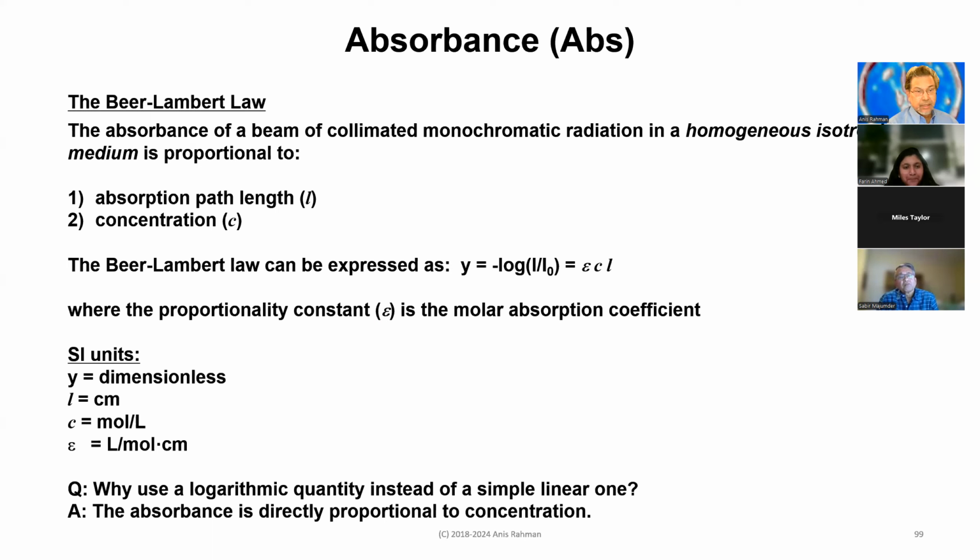It can be expressed by this equation, in which A is a dimensionless quantity, L is the path length in centimeters, and C is the concentration, usually expressed in moles per liter, but can be other units as well. And epsilon is the absorptivity in case of absorption, expressed in liters per mole centimeter.